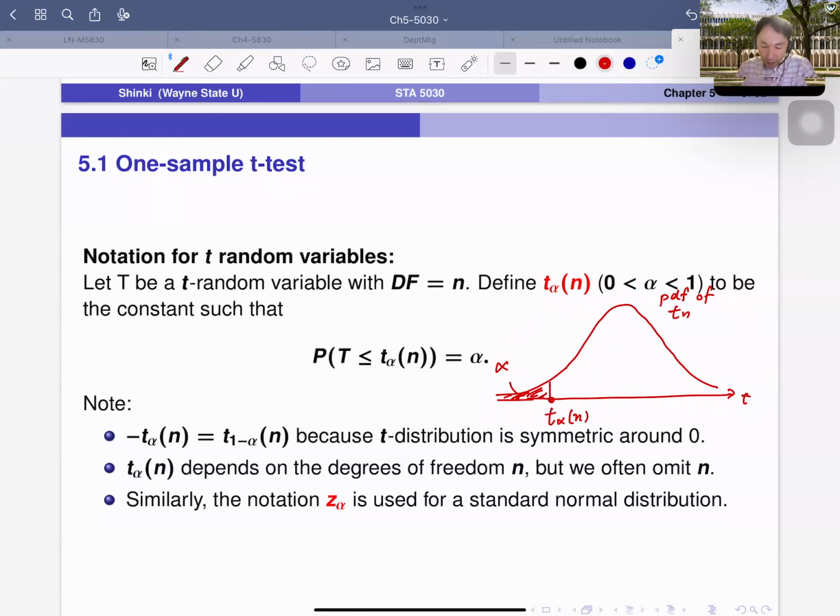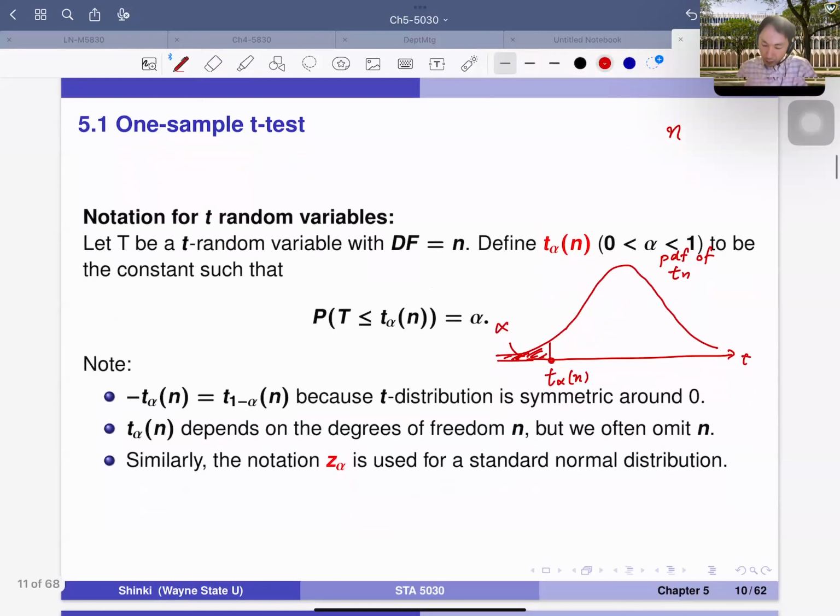So if the sample size is n, we have to plug in n minus 1. But anyway, in general, for any natural number n, the t sub alpha of n represents this point. This distribution is symmetric.